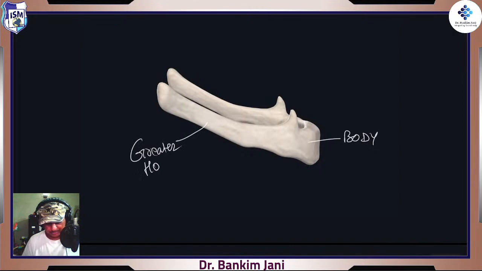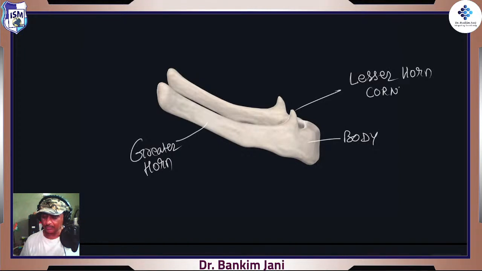Greater horn. And this one would be the lesser horn of hyoid. It's also called cornu. So greater and lesser cornu of the hyoid bone.